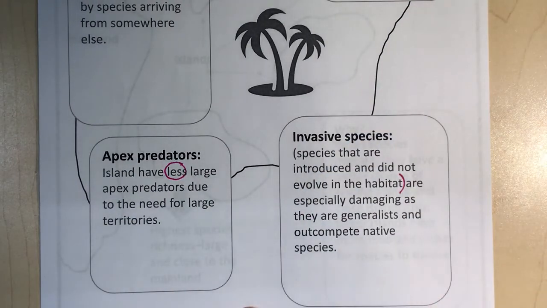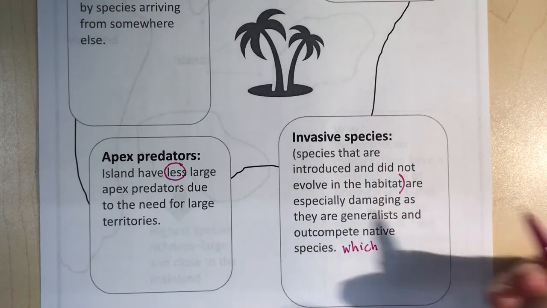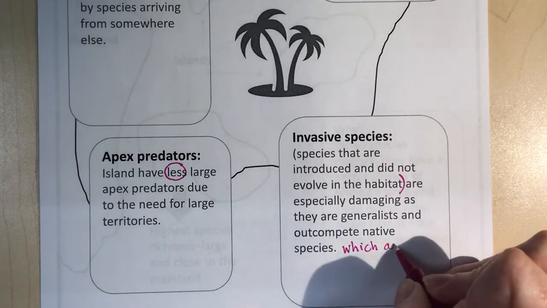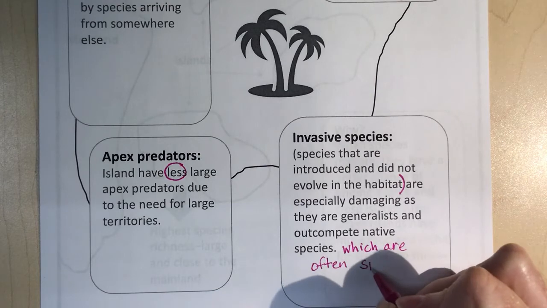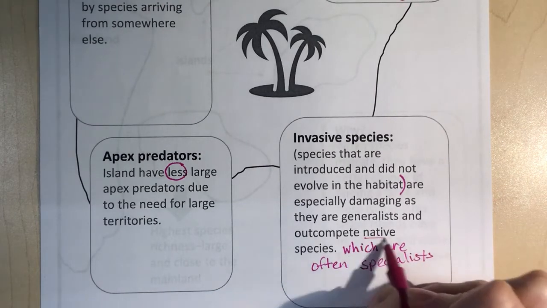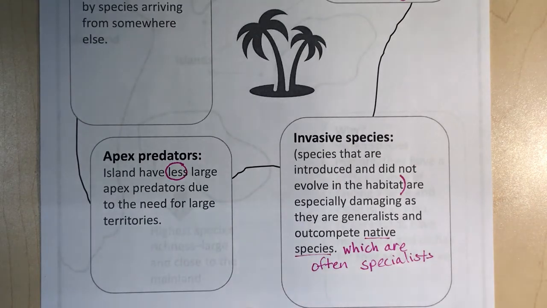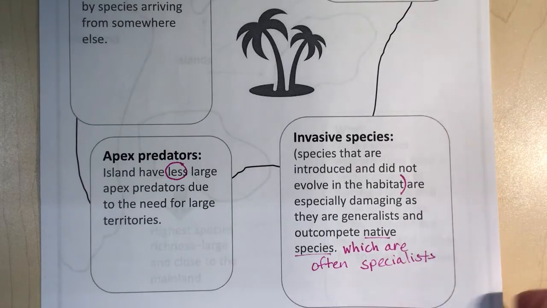They are especially damaging as they are generalists and outcompete native species, which are usually specialists. I'll say often specialists. The native species. Pause if you're not caught up, but let's go on to the next page when you are ready.